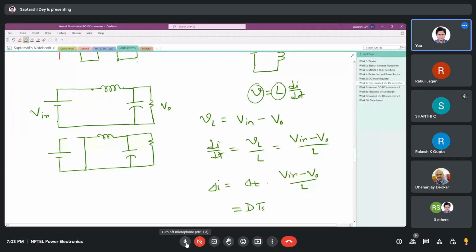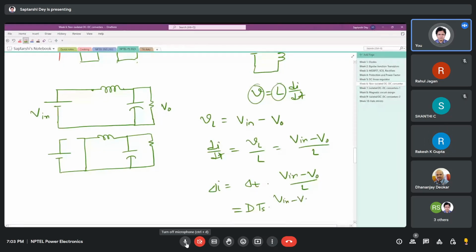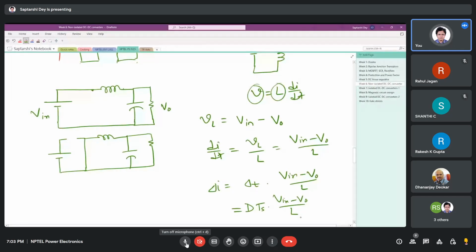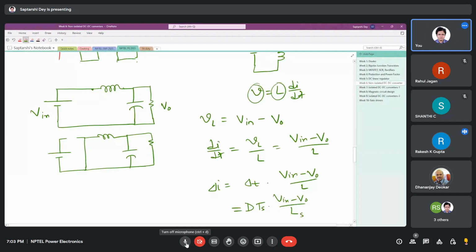DTS is the turn on time, duty ratio times the time period of the switching frequency, times V in minus V0 by L. So they all together decide the ripple, and the slope is decided by the voltage across the inductor and the inductance value. Whatever DC-DC circuit you are going to study, not only in this course, in later courses also, it's all about how you are treating the inductor.